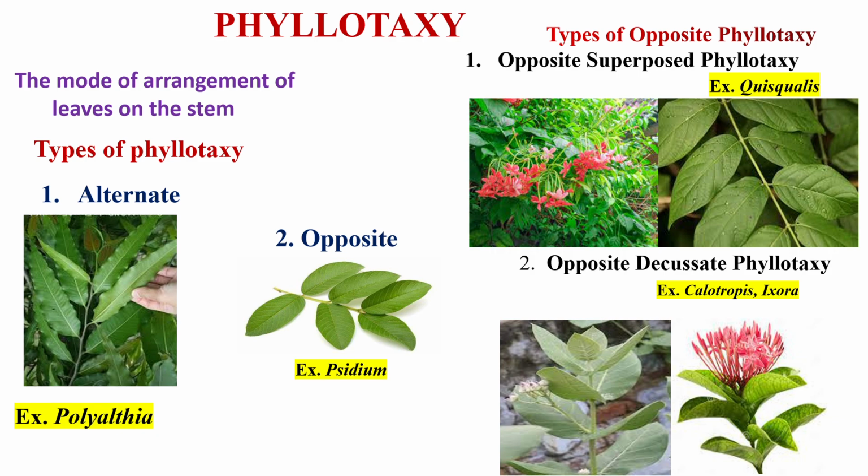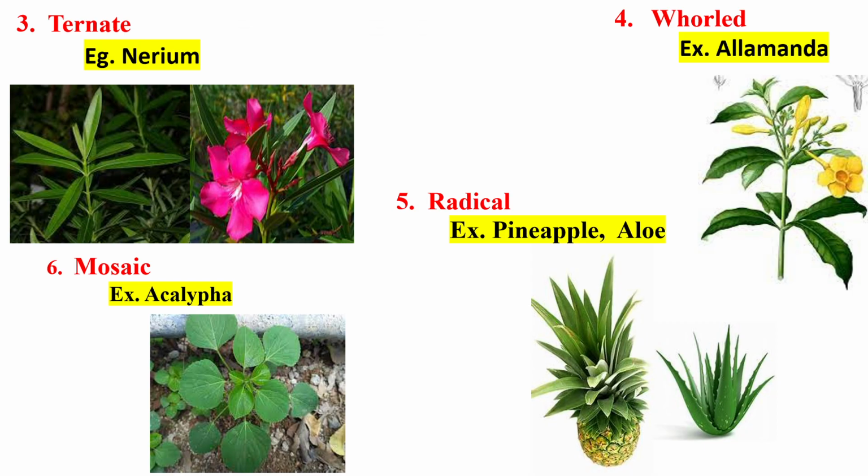Example, Calotropis, Ixora, etc. In ternate phyllotaxy, there are three leaves arranged in a circle at each node.